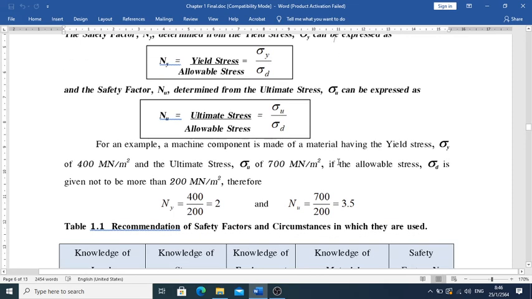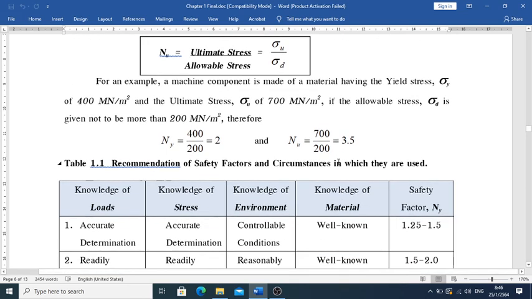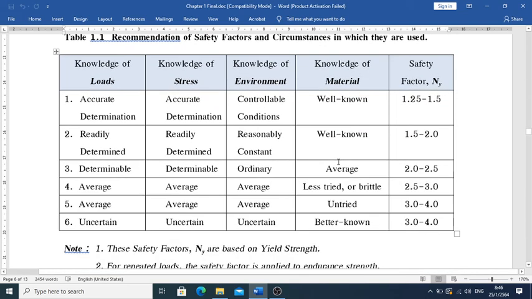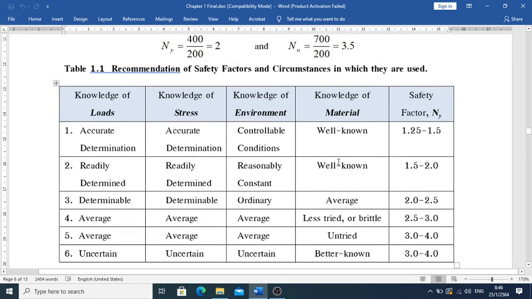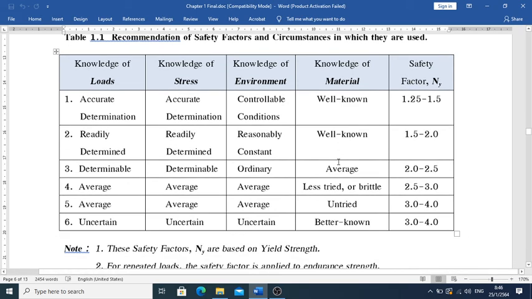So typically we use n sub y as our reference for the design, and n sub u is a second reference. Therefore we typically use table 1.1 as our reference. I always use table 1.1 as one of my references.